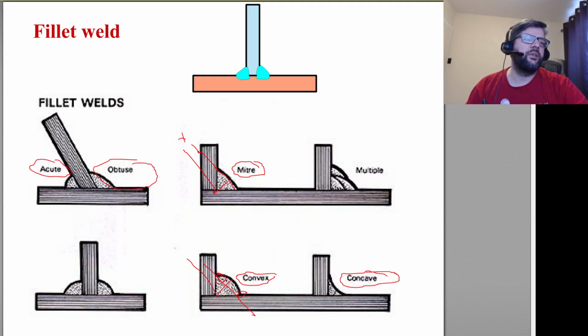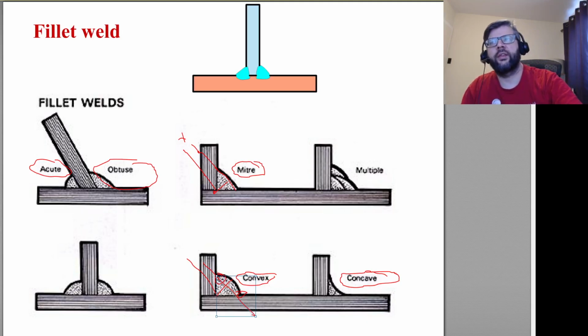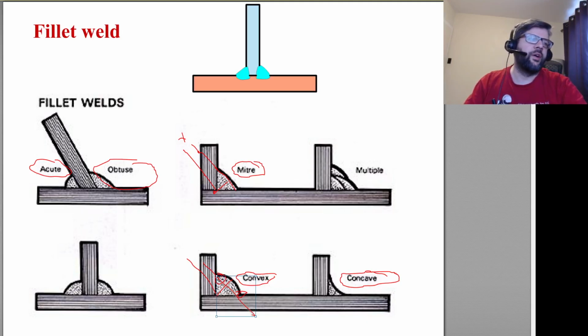So when you're doing your calculations, if you have a convex shape, the general practice is that you don't get to use that extra bit of thickness in your strength calculations. Whereas if you have a concave shape, you absolutely need to account for the fact it's smaller. And you may need to do multiple passes in order to attain the thickness required.